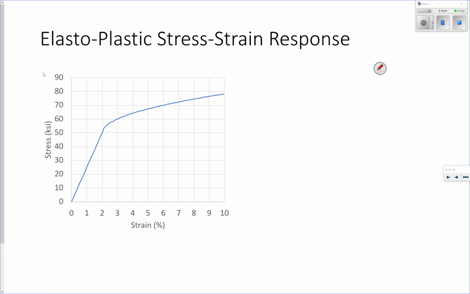And finally, what about if I have an elastic plastic where the first little bit is elastic, linear elastic, but after that we hit a yield stress and we have a plastic material?